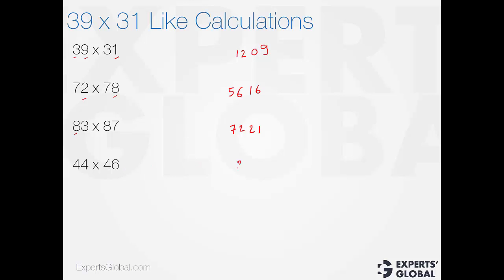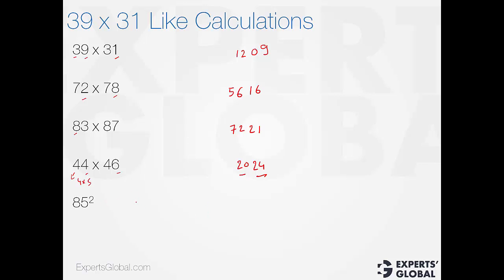4 into 5, 20. And then 4 into 6, 24. Remember, 4 into 5, 20 comes here, and the last two digits, 4 into 6, 24. This decides the last two digits here. 85 square.